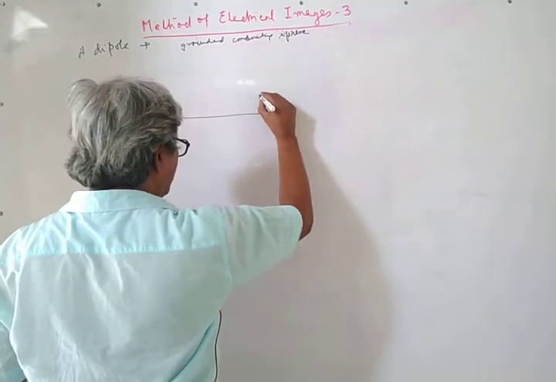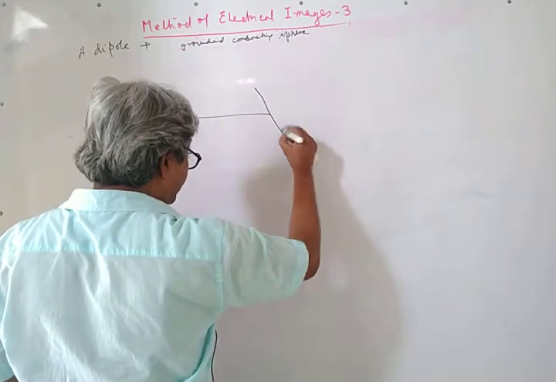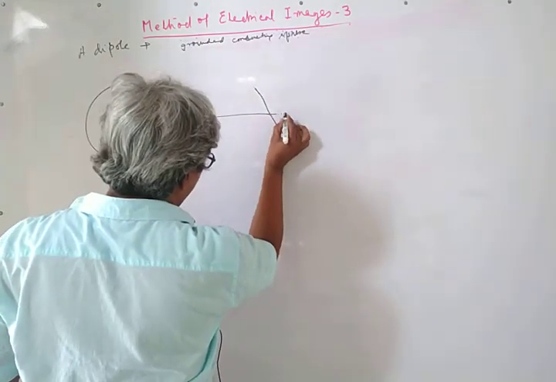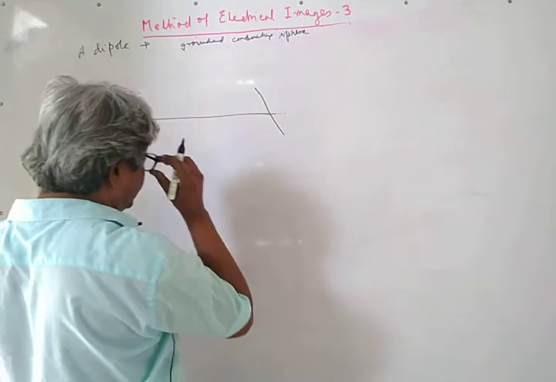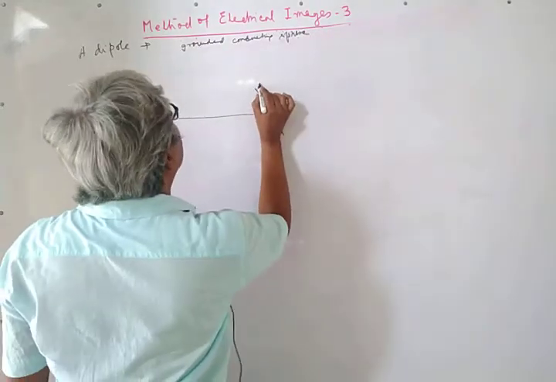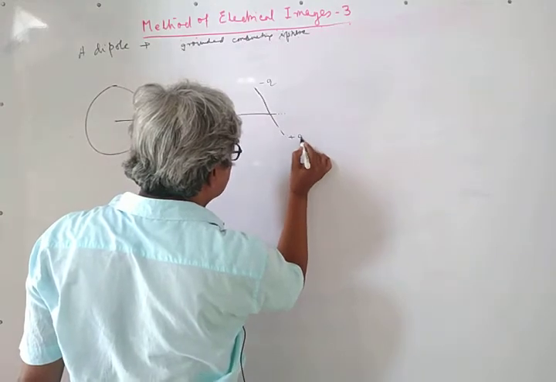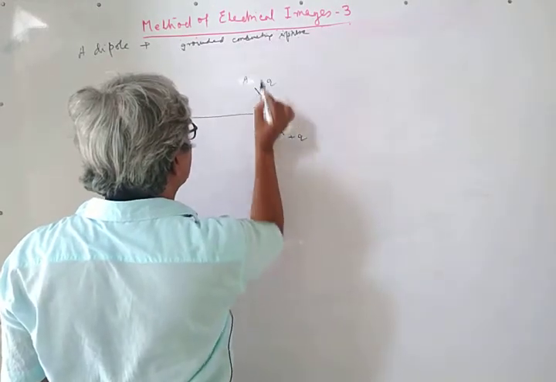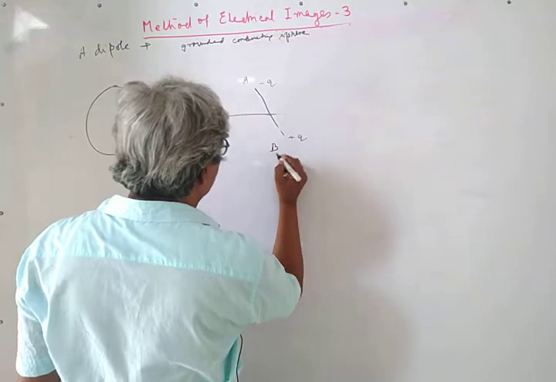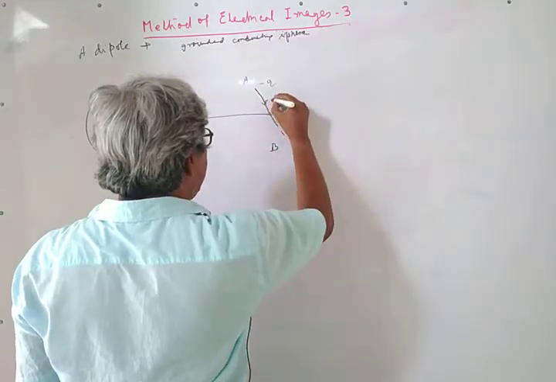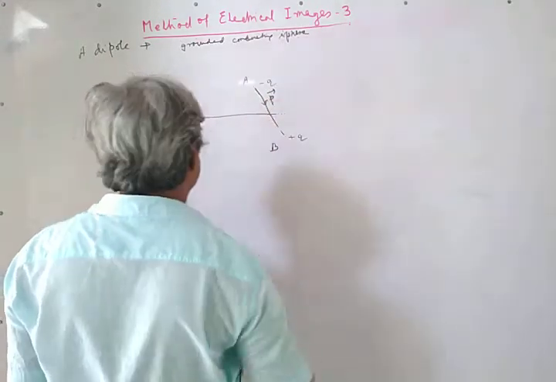We have a dipole, a point dipole or a very tiny dipole. We have drawn it in an enlarged version. This is minus q, this is plus q, this is the location of A, this is the location of B. So the dipole moment P is located in this direction.